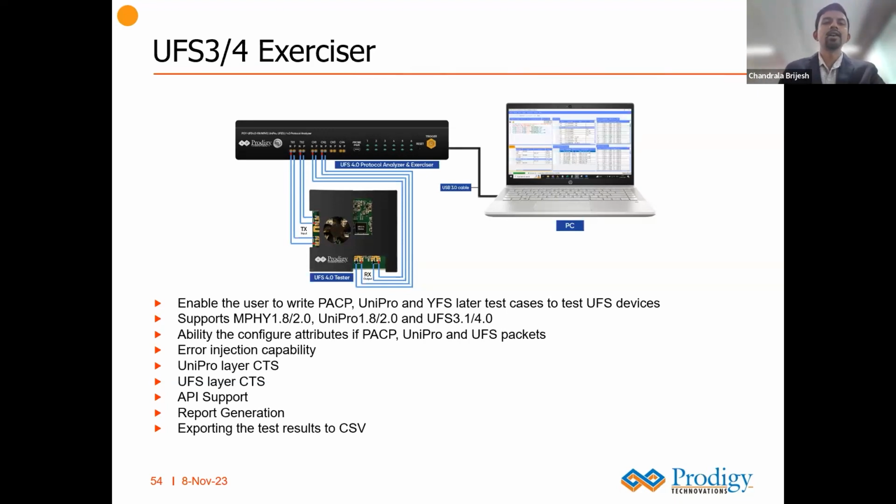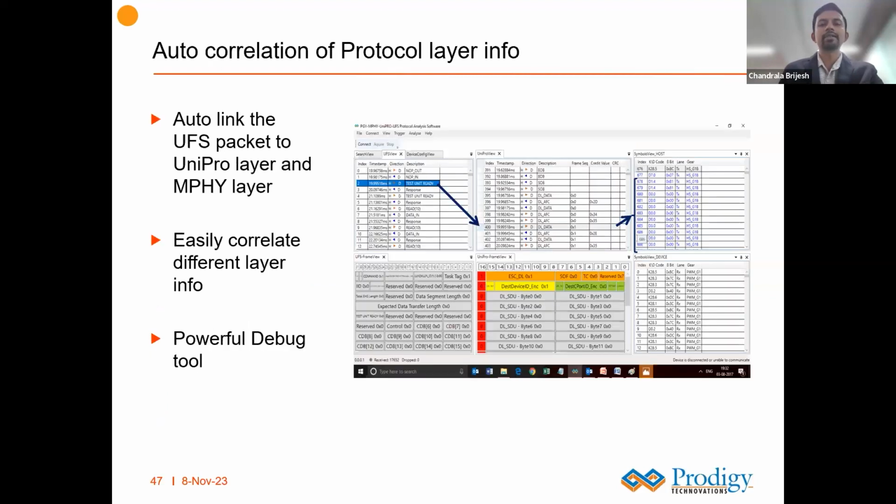It is our own scripting language, and we do support an API. So you can write your scripts in Python, and from Python itself you can generate all the test patterns to test your device. Finally, we can generate the report in UniPro view as well as UFS view, and we can generate the report in CSV.